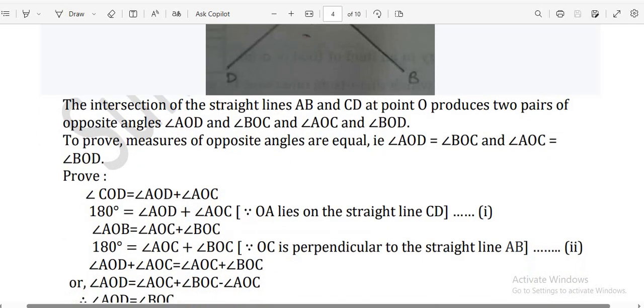Equation number 1. Similarly, angle AOB is equal to angle AOC plus angle BOC. We can say 180 degrees is equal to angle AOC plus angle BOC, as OC lies on the straight line AB. Equation number 2.